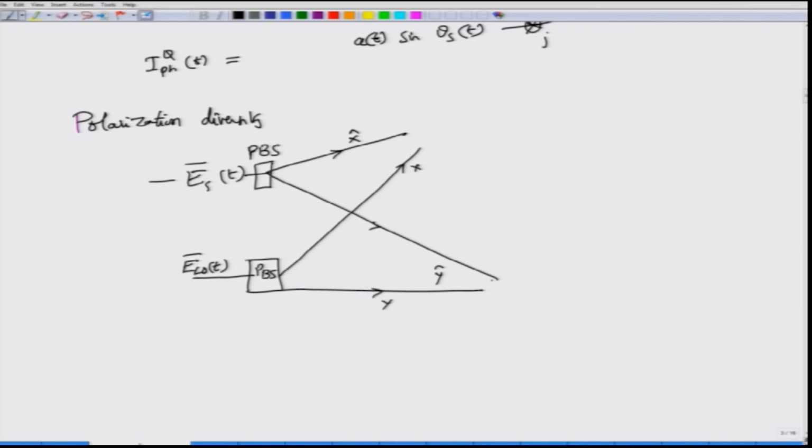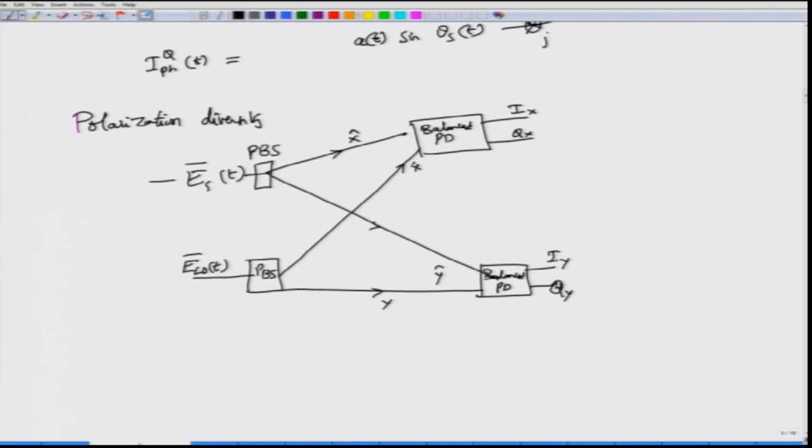I can now use the balanced photo detector in order to extract in phase as well as quadrature components here. Let us call these I_X and Q_X. Similarly, I will have a balanced photo detector here to extract the Y components of the photocurrents. So, I have I_Y and Q_Y.